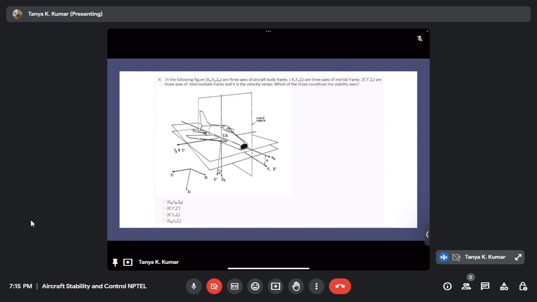Which axis system is aligned to the velocity vector, in this figure? Which one is aligned to the velocity vector v?